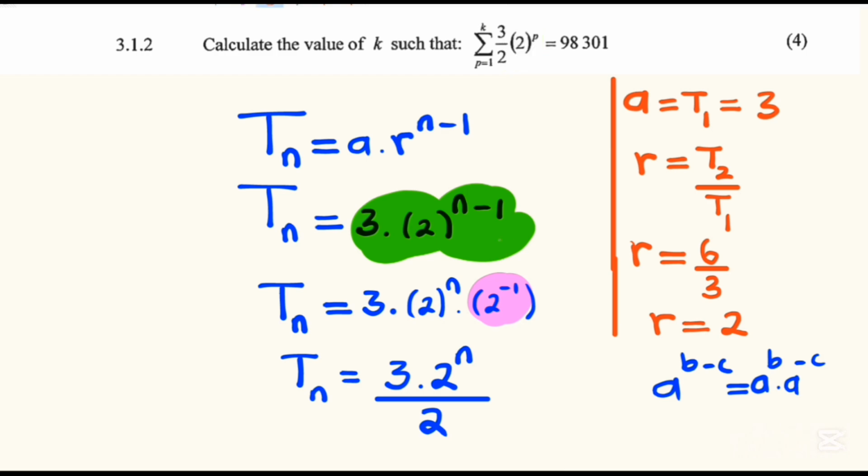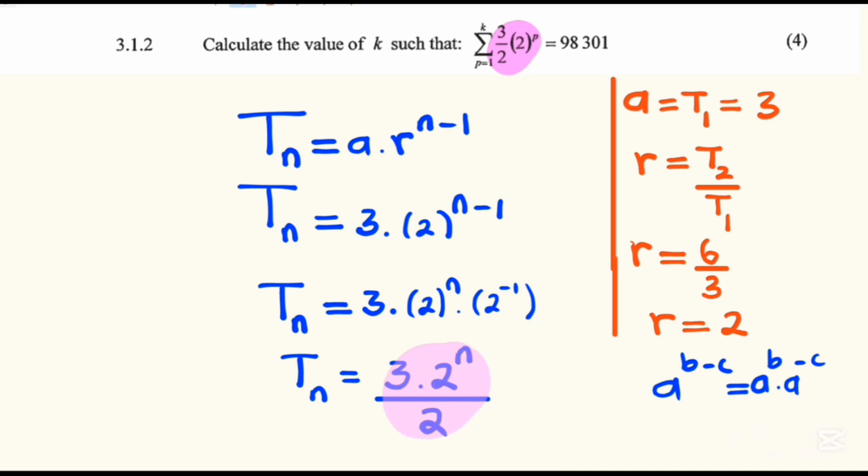So we can realize that what we have inside the summation is just the same as our Tn.